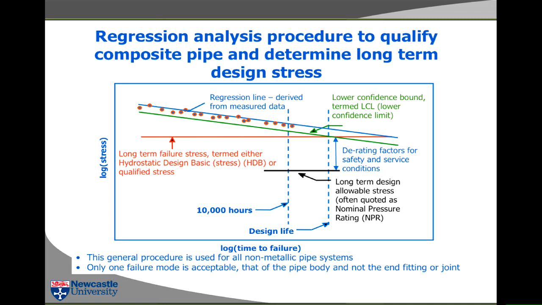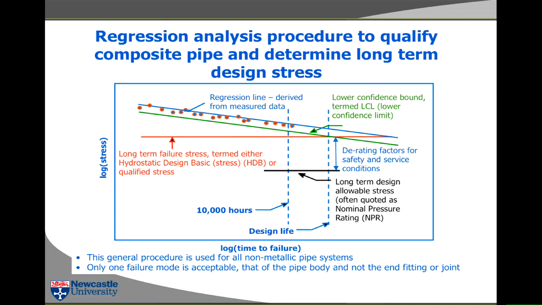Anything fails in the fitting, the whole product group fails the test. So you're relying on the manufacturer to be able to design and manufacture a fitting which is stronger than the rest of the pipe. And as I said, there's only one failure mode. Anybody tell me what can go wrong with that?